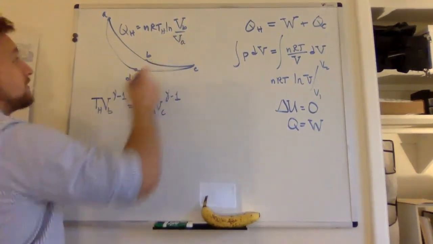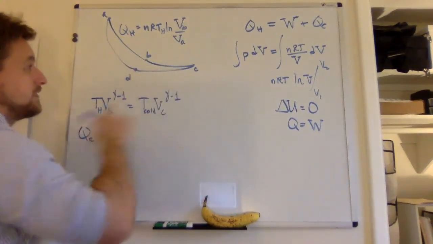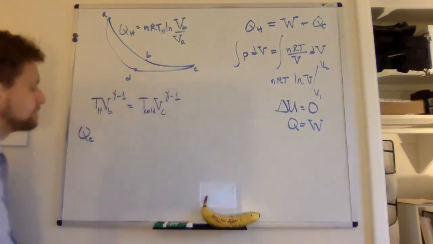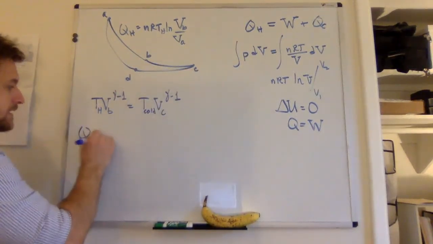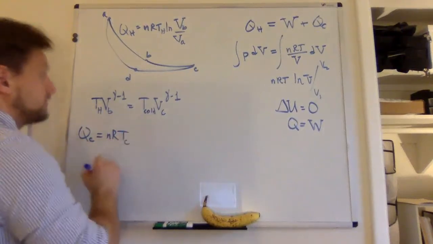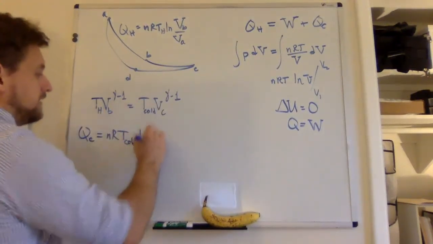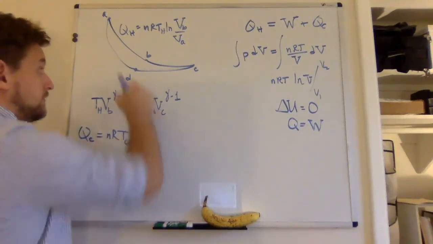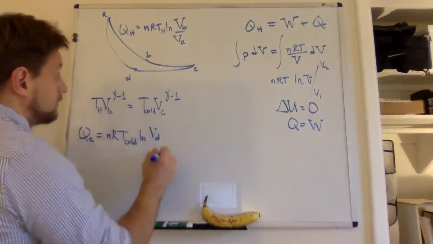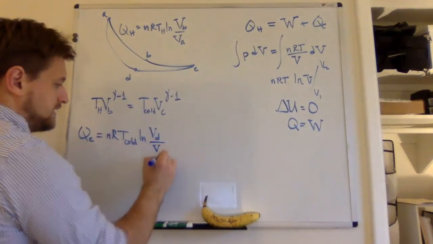All right, so let's talk about QC, which would be the heat that is transferred out of the system during isothermal compression, C to D. It equals nRT cold, the temperature at which that happens, ln of now V2 to V1, VD to VC.